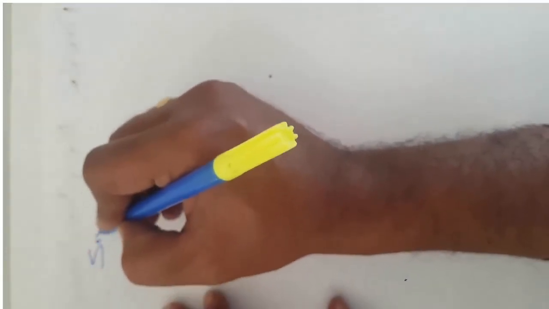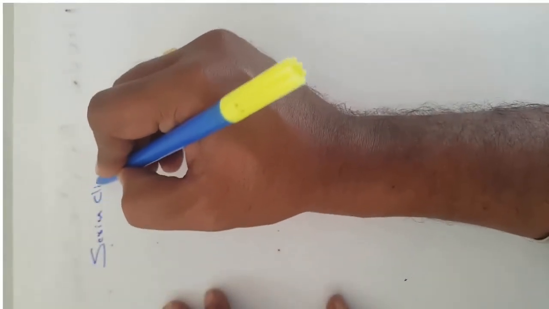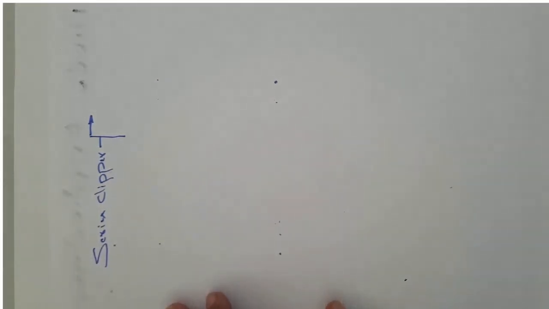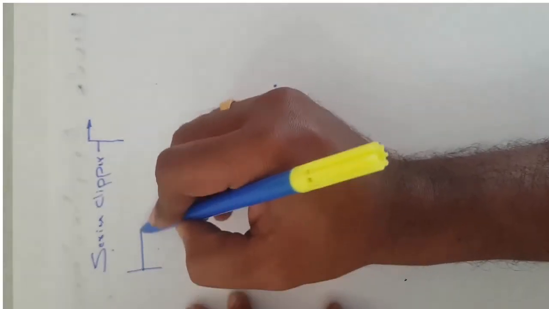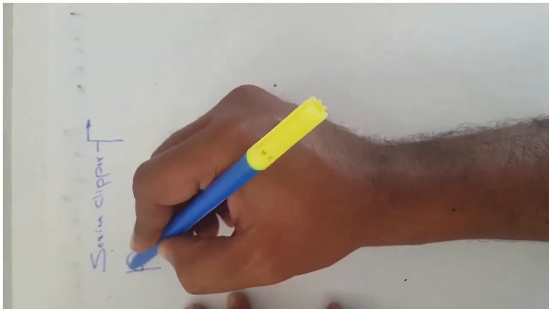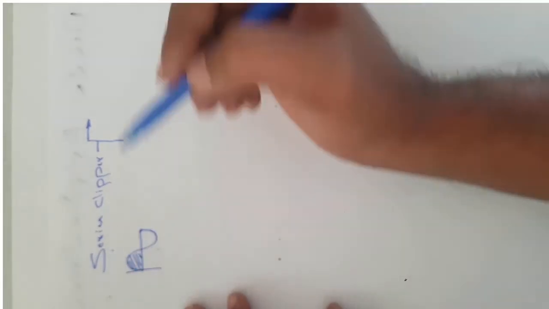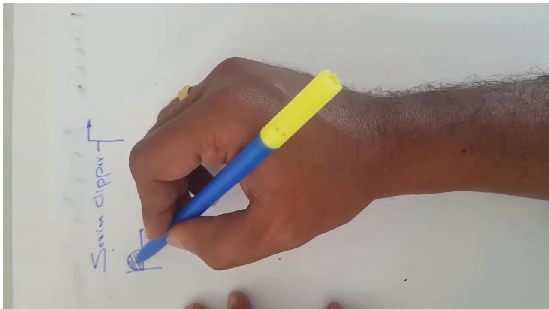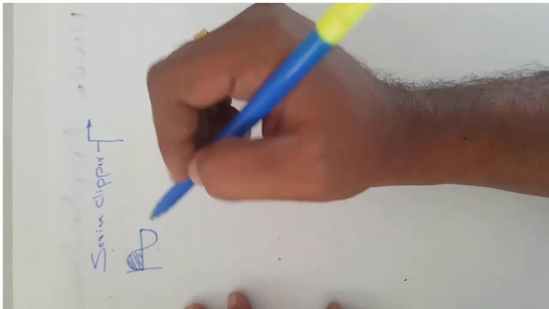Now coming to the series clipper. Again, the series clipper is classified into two. So which portion are you removing from the given signal? For example, let me consider this is the given waveform. If you are removing this portion, it is a positive portion, right? It means you are using a circuit to remove the positive portion of a signal.